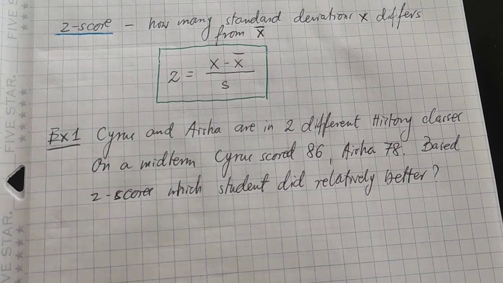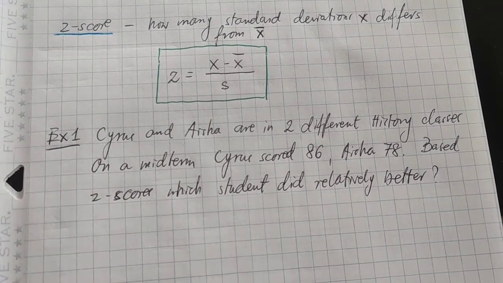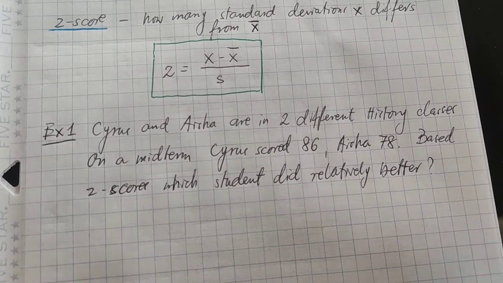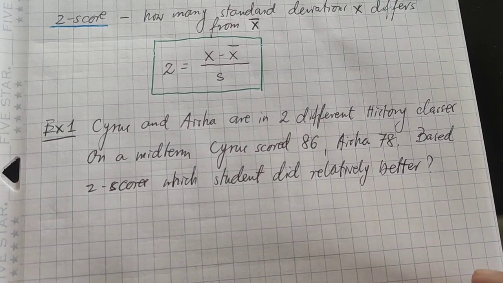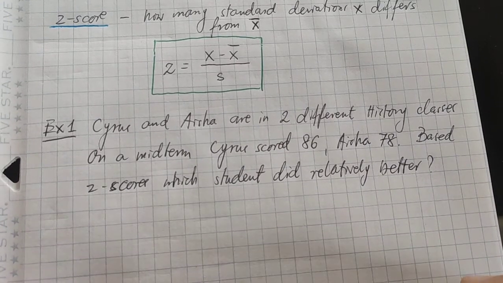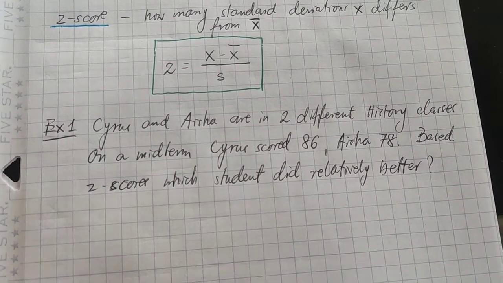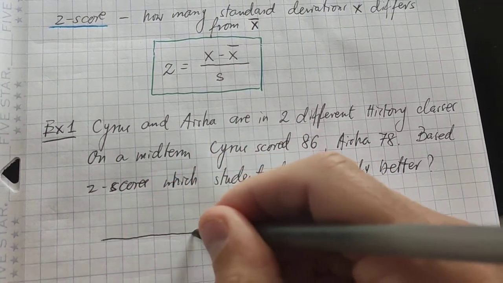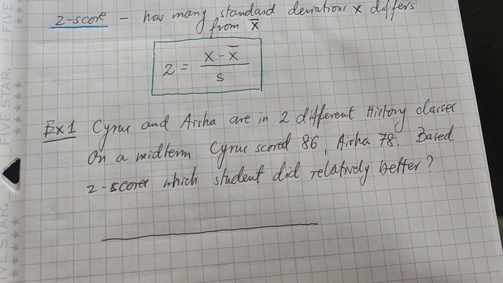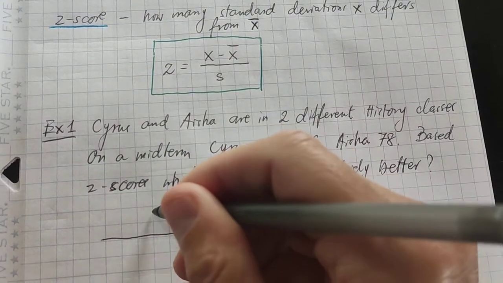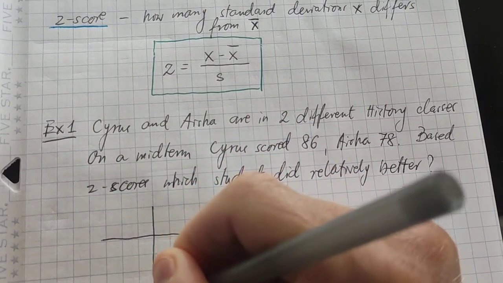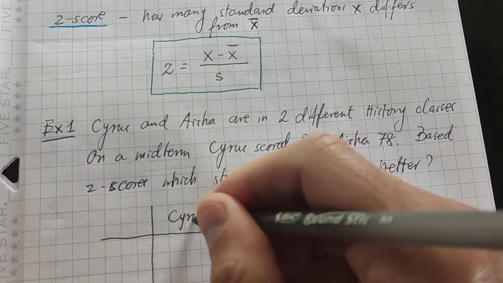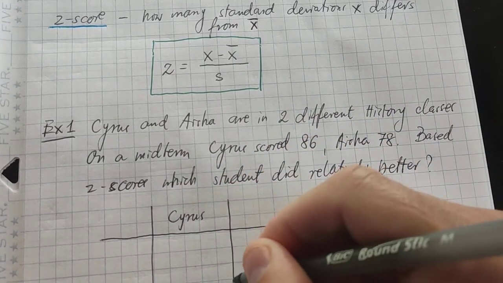You understand that a B grade in one class is not the same as a B grade in the other class. The other class might be more difficult, or the other teacher's grading might be more strict, and things like that. So we have to have a way to compare these two scores and these two students. So we have Cyrus and then Aisha.